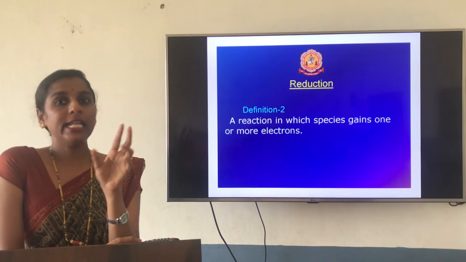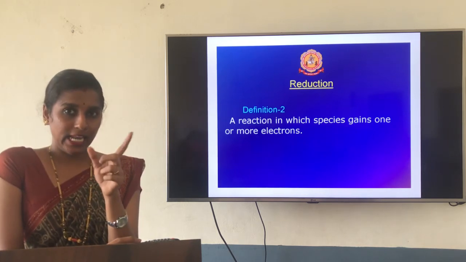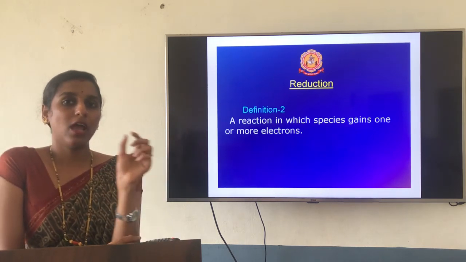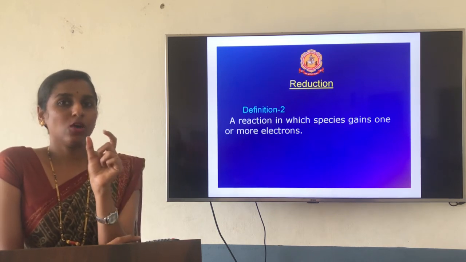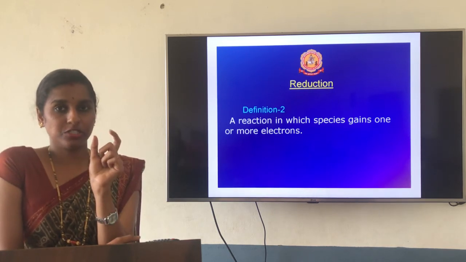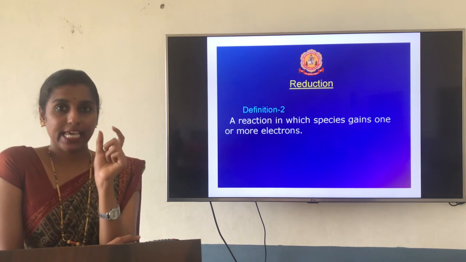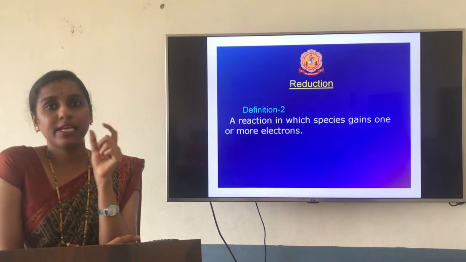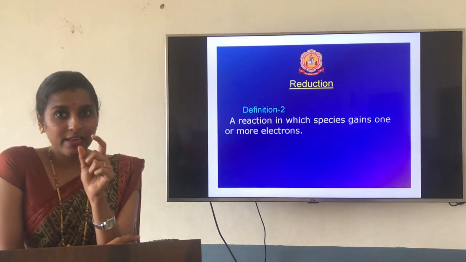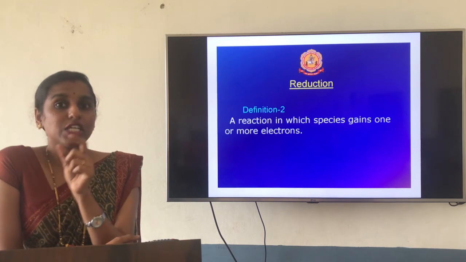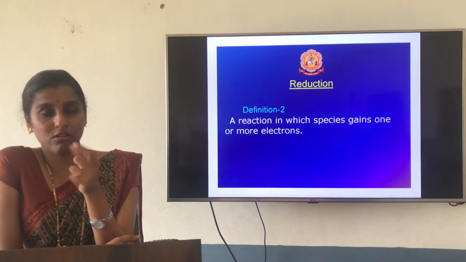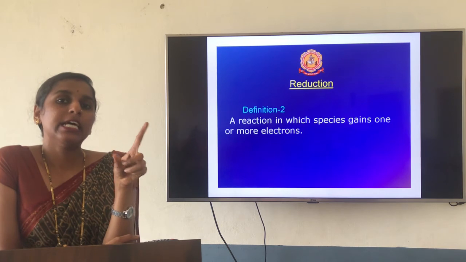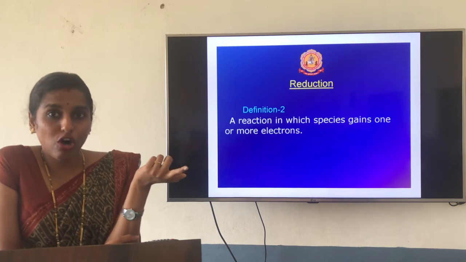O-I-L: O represents oxidation, I represents is, L represents losing. OIL means oxidation is losing of electrons. RIG means reduction is gaining of electrons.